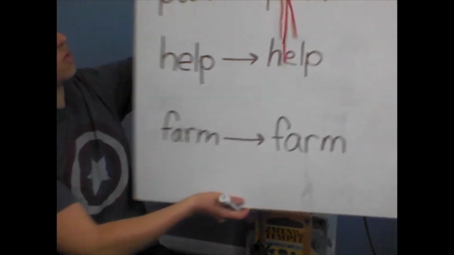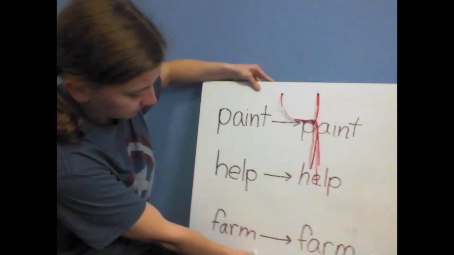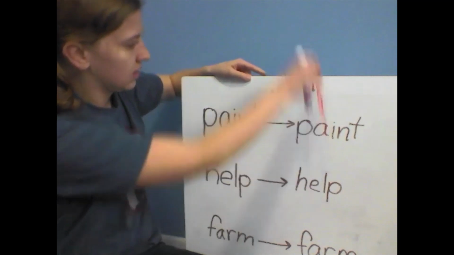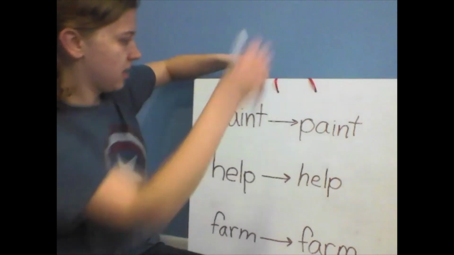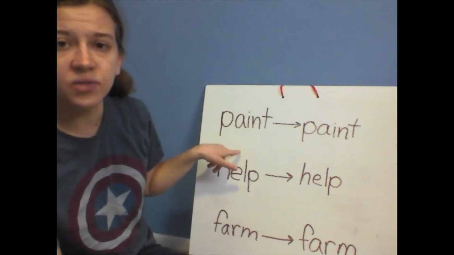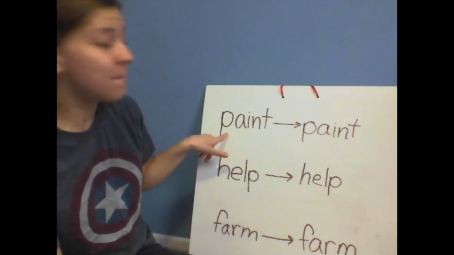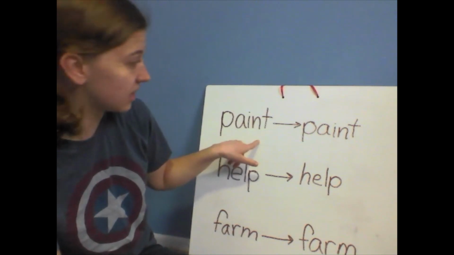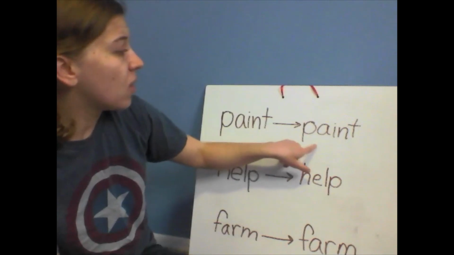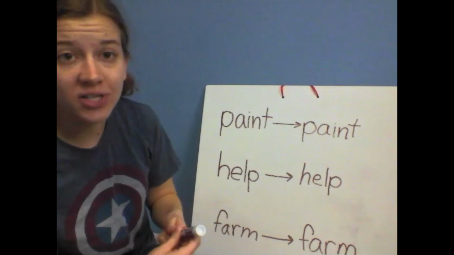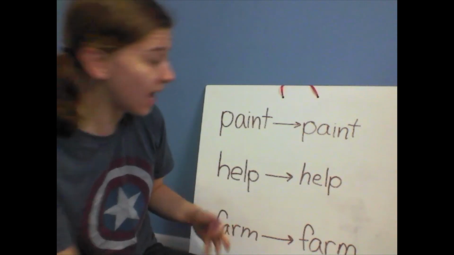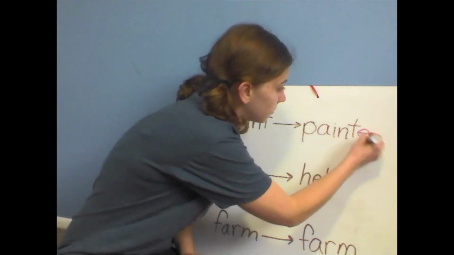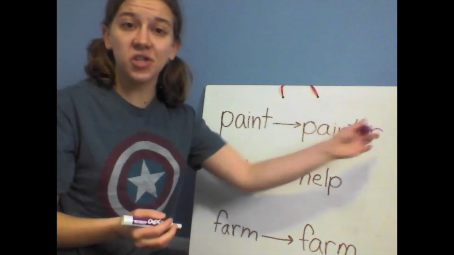All right, let me turn this guy around. We've got a few more on the back here. All right, here we go. So here, let's read this word together. It says paint, paint. Okay, now if we add ER to the end of the word paint, what do we get? Painter.